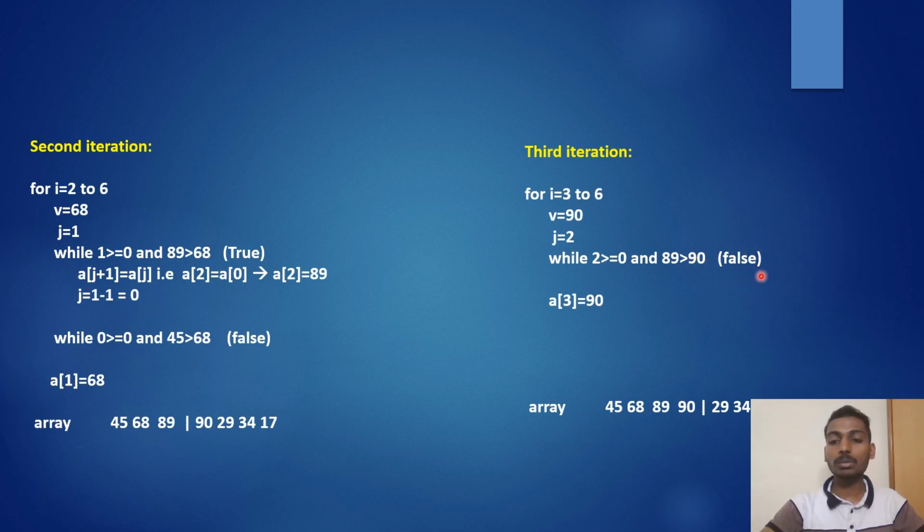Here the condition fails, so it directly comes out of the loop and executes a of j plus 1 is equal to v. So a of 3, that is 2 plus 1, is equal to 90. Now 45, 68, 89 and 90 are the sorted array.